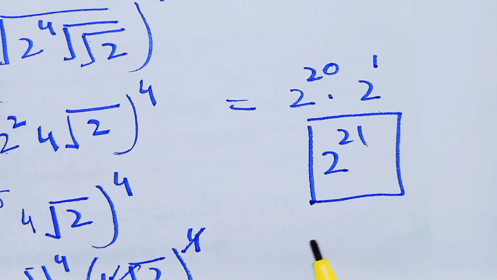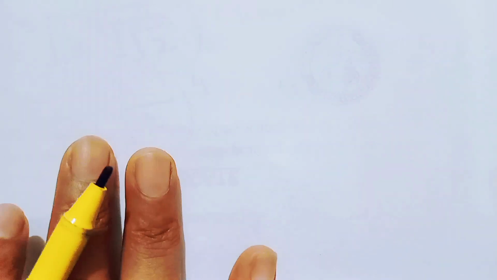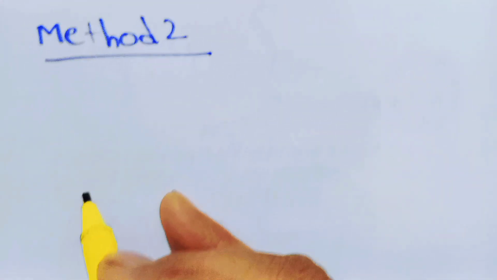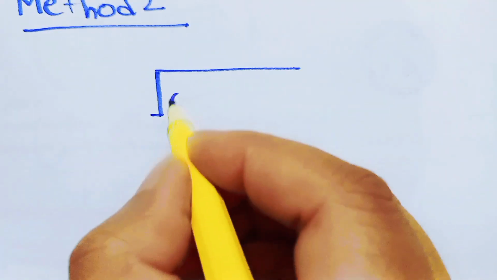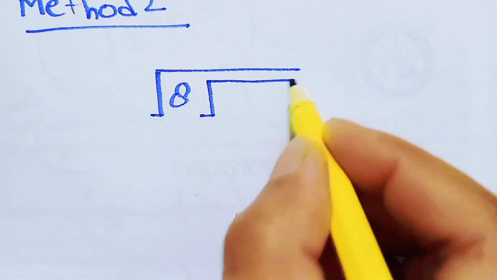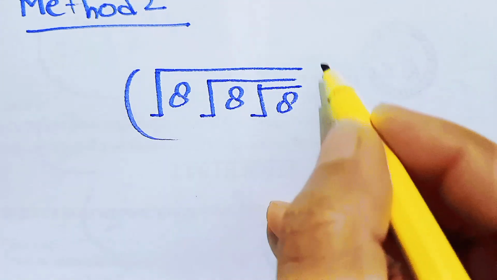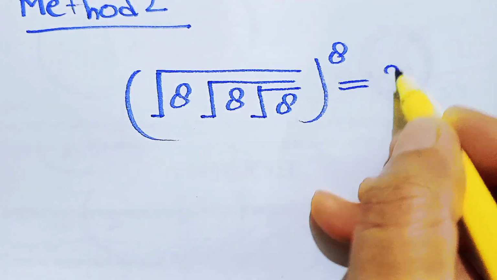Now we can solve with method 2. We write the square root of 8, square root of 8, square root of 8, and the whole to the power of 8, is equal to what?